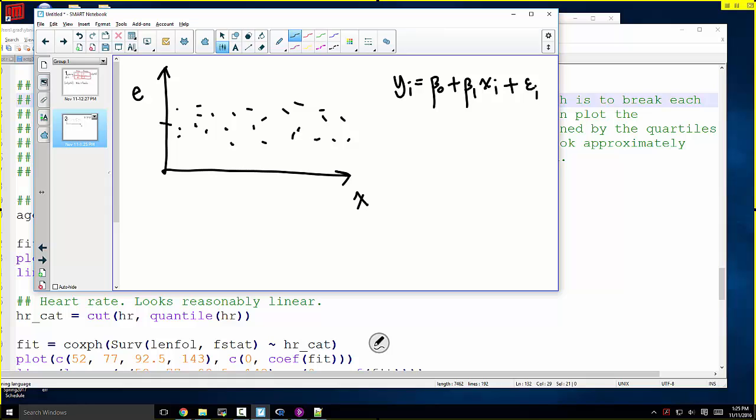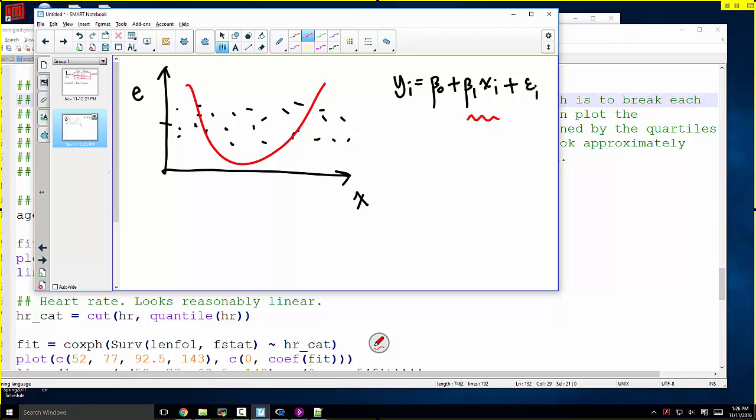If, for example, there was a U shape to this picture, that would suggest that's not an adequate representation of the relationship between x and y. X is not really linear, or y is not really linear in x if there's a curved relationship like that.